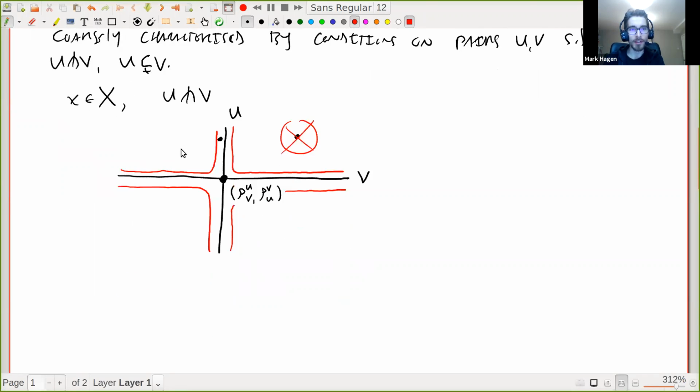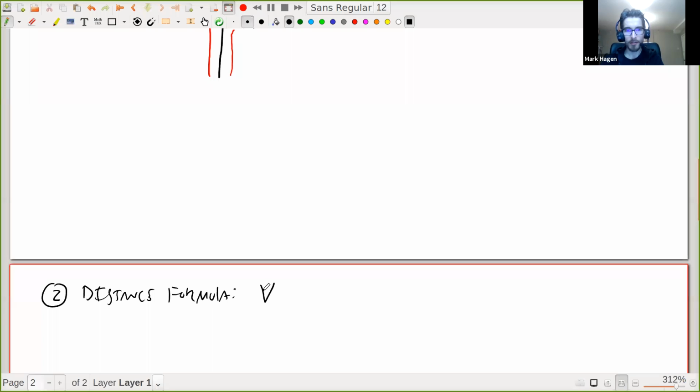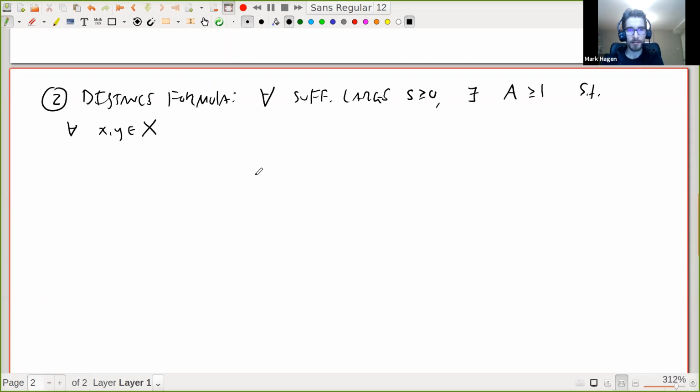And the second thing you want to prove, that I'll state more precisely, because you can just write it down without a picture, is the distance formula, which I guess you've seen, which says that for all sufficiently large S, there exists a constant A, such that if you give me 2 points X and Y in X, I can estimate the distance between X and Y in X just in terms of the different projection distances.